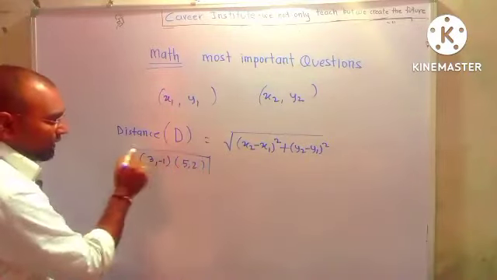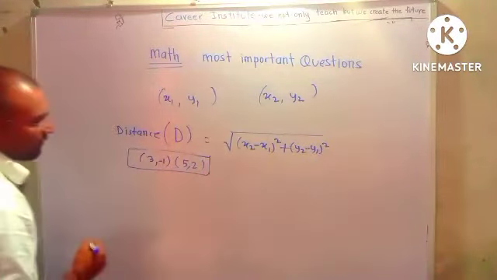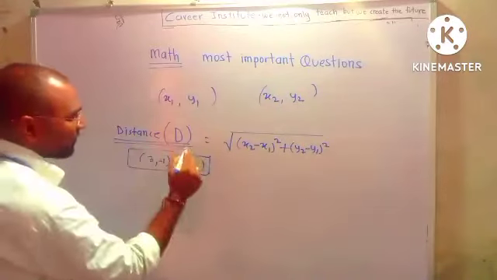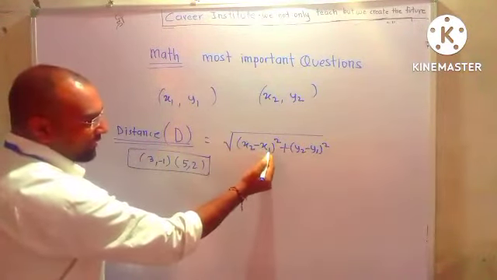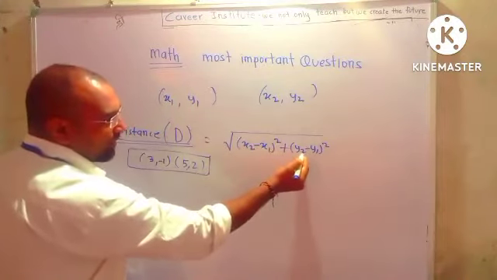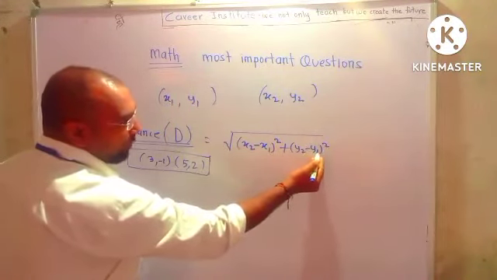Between these 2 points, we have to find out the distance. The formula is root of x2 minus x1 whole square plus y2 minus y1 whole square.